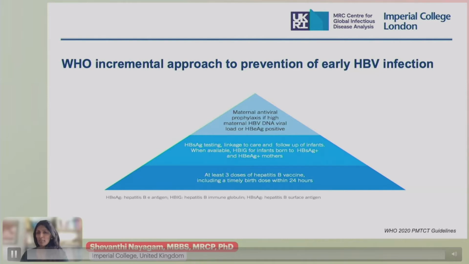Then at the top of the pyramid is maternal antiviral prophylaxis if the maternal hepatitis B DNA level is high or the hepatitis B e antigen. Now, we'll talk through some of the evidence from the region about these different levels of intervention for prevention of mother-to-child transmission.